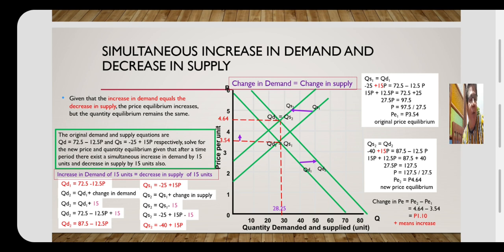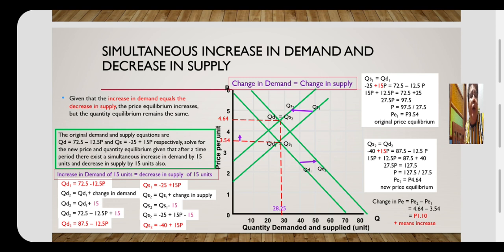And the new price equilibrium now is 4.64. It means to say there is a change in price equilibrium by the amount of 1.10. And since the sign is positive, it means to say that there is an increase in price equilibrium by 1.10 units.